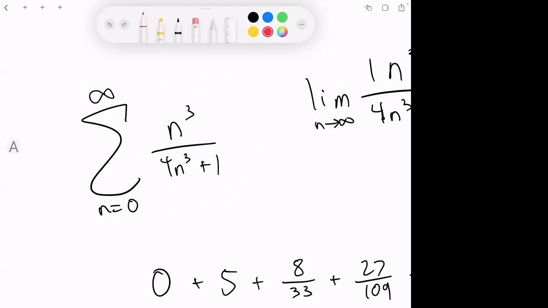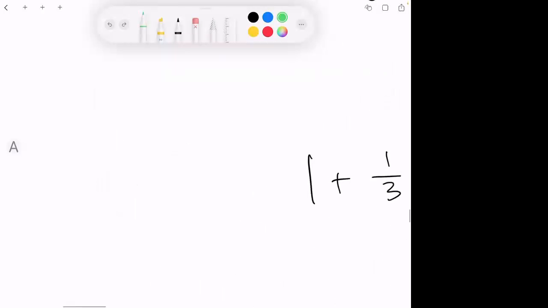So you can pretty much use this technique for any series where the terms are a polynomial over another polynomial. And if that works out to be infinity, or if the limit is not 0, then it definitely diverges.